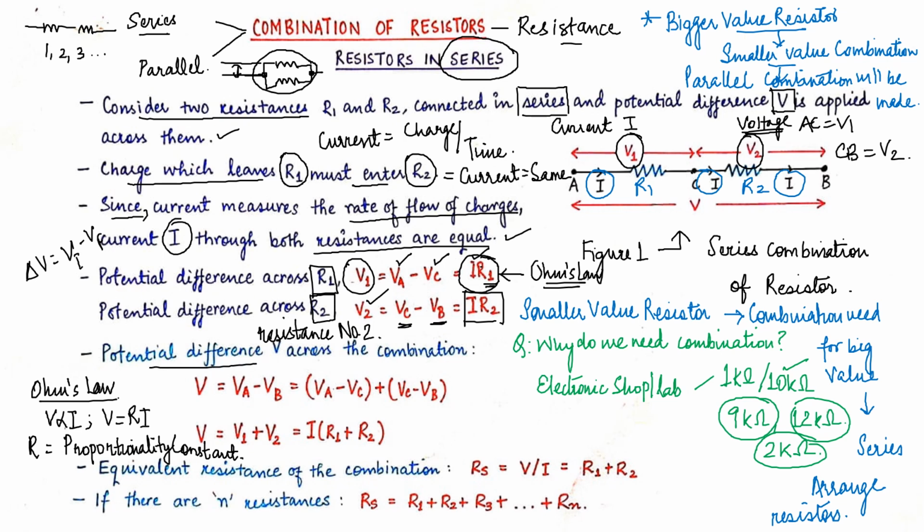Now potential difference V across the whole combination A, C and B, this is B. So across the whole combination, V equals VA minus VB. This is our initial state, this is our final state. So initial minus final. And we know that VA minus VB can be given by VA minus VC plus VC minus VB. See, I'll explain it.